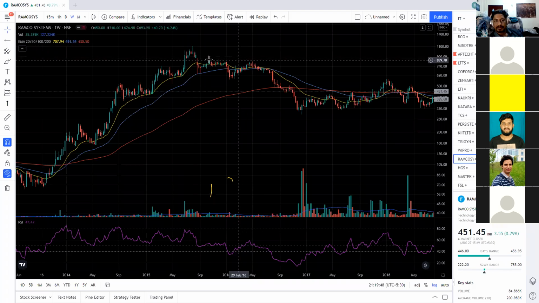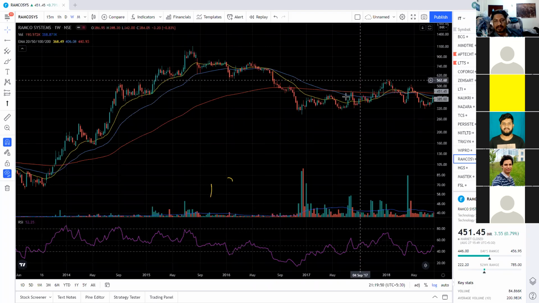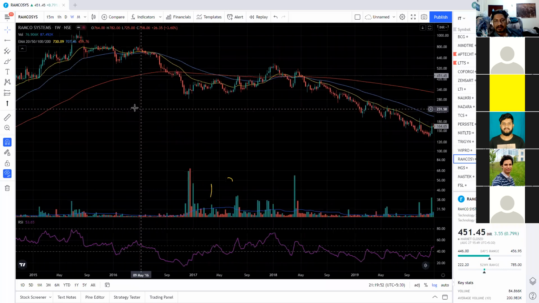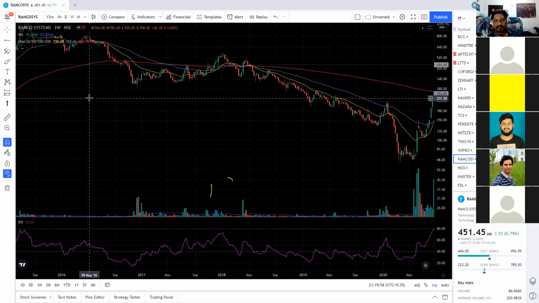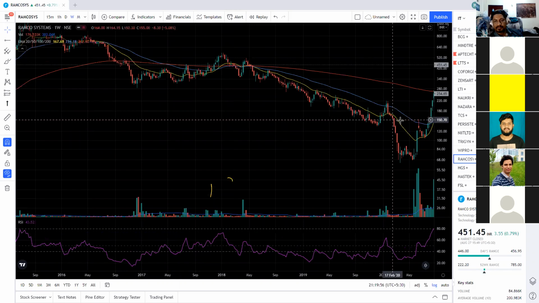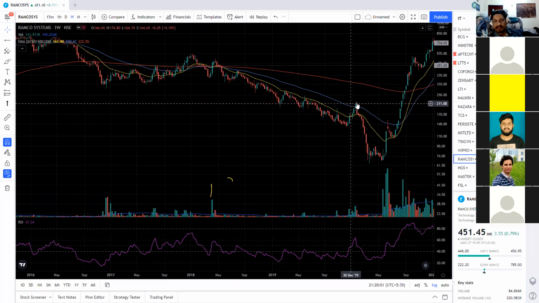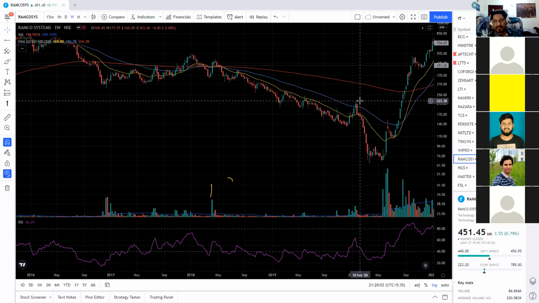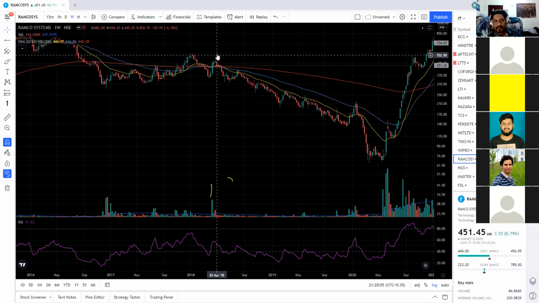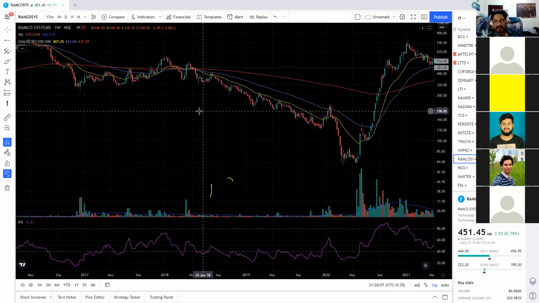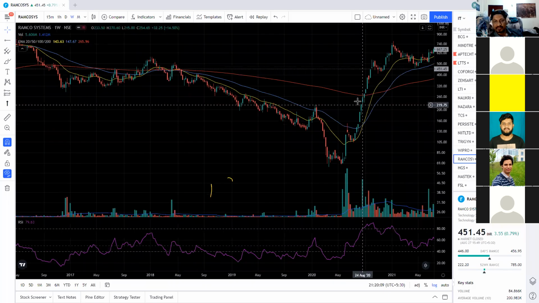This high, the next high, the next high, kept going down only. Now the first time this previous high was broken, then this price was broken. So you know the trend has changed from this particular price.